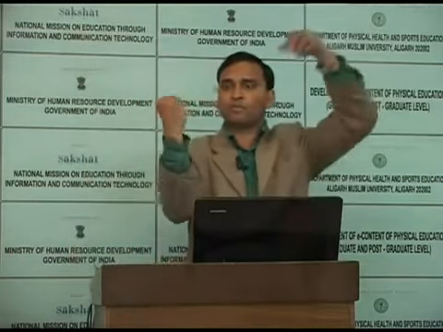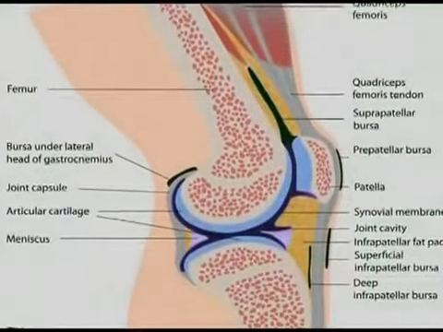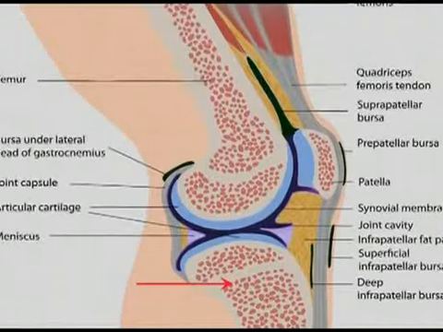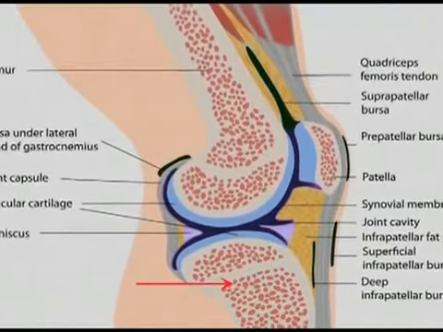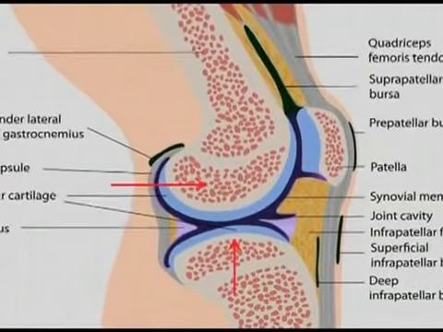If you take the example of the knee, as in the diagram, one bone, suppose the tibia, is concave and has cartilage over the bony end, same as the femur.